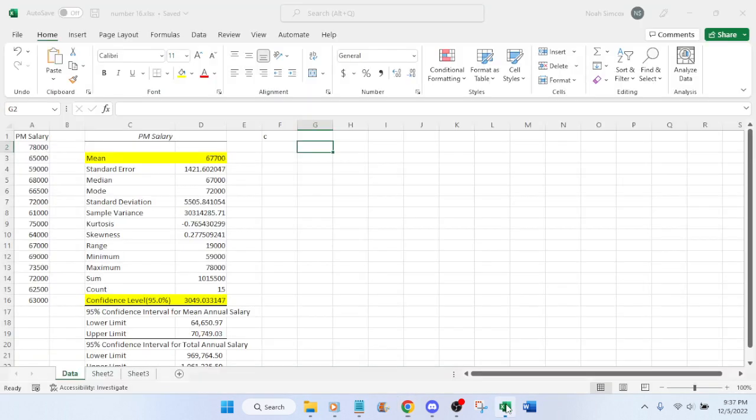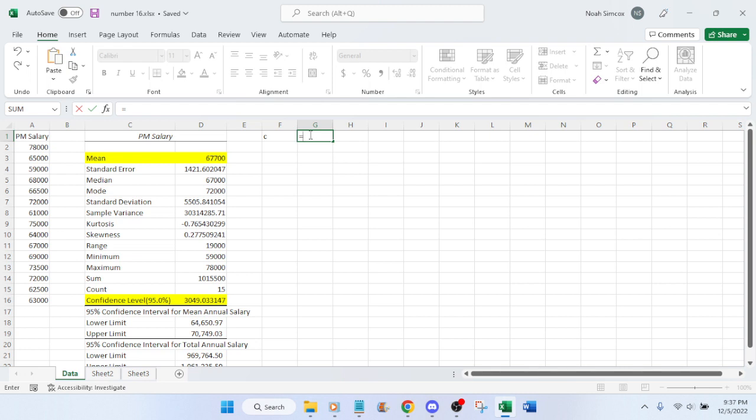The equation is going to be equal to parenthesis, another parenthesis, and inside that parenthesis, we are going to do z multiple.